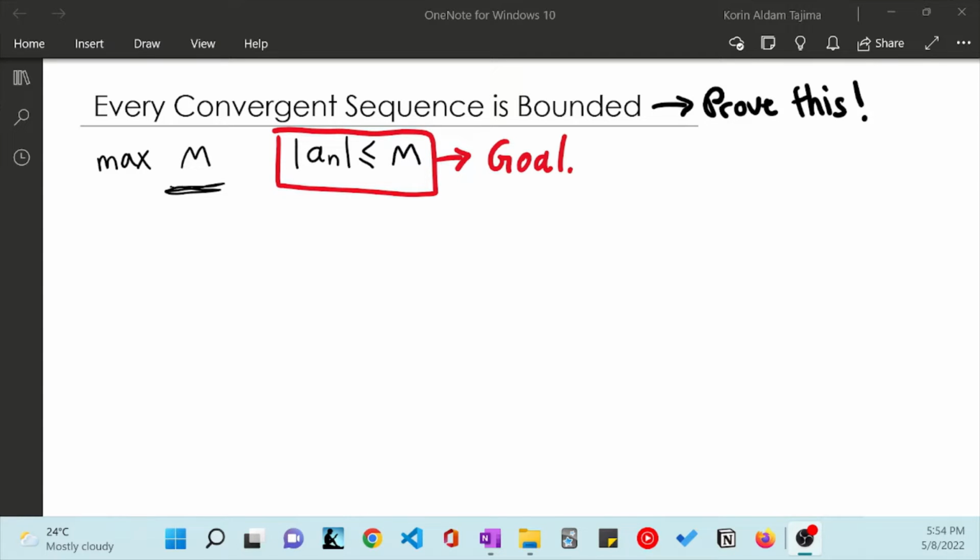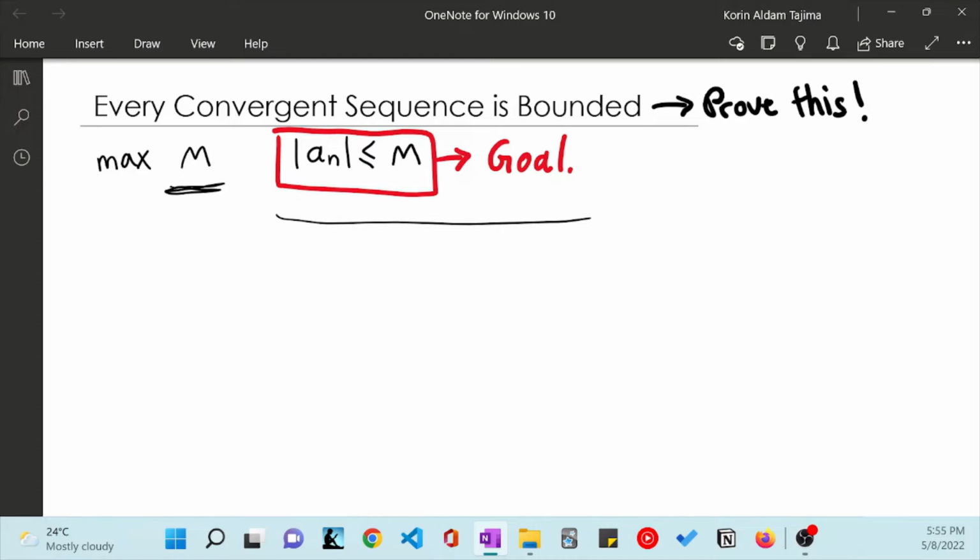Okay, and then we can get into how we prove this. What's the actual proof? So how do we reach the goal that a sub n is less than or equal to M up here? Well, the Math Sorcerer splits it into two parts.